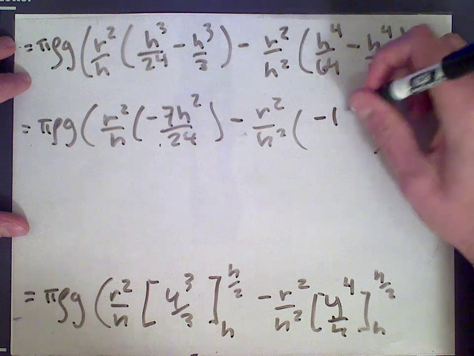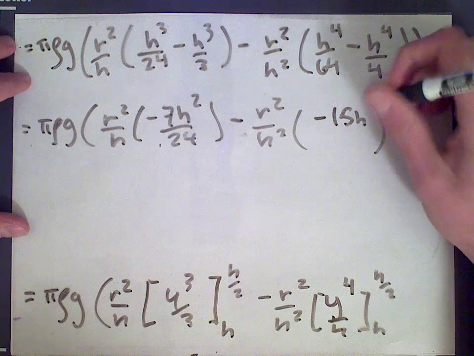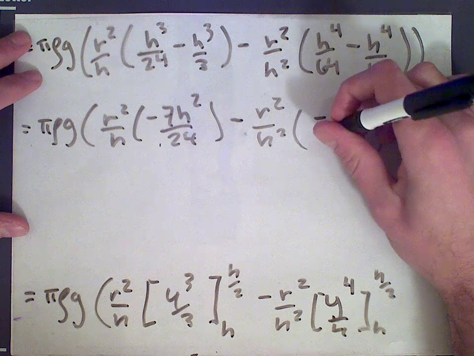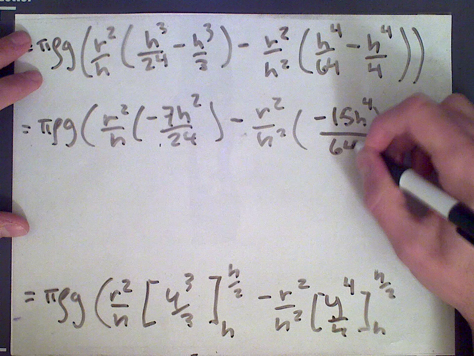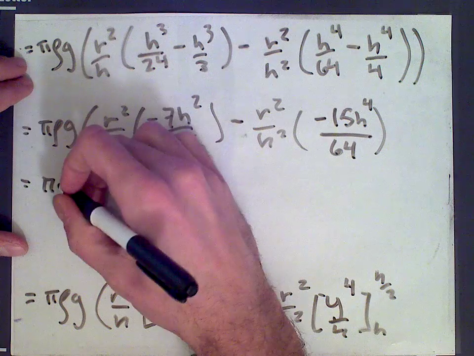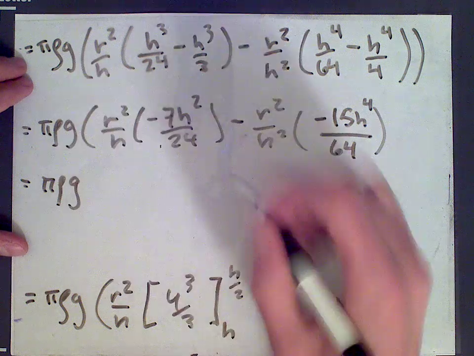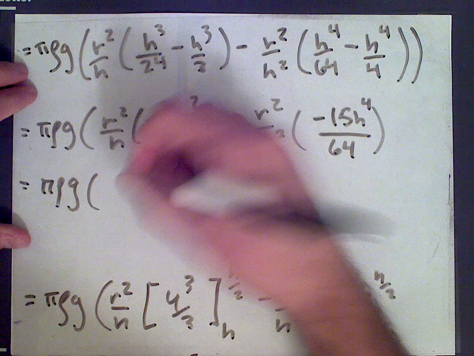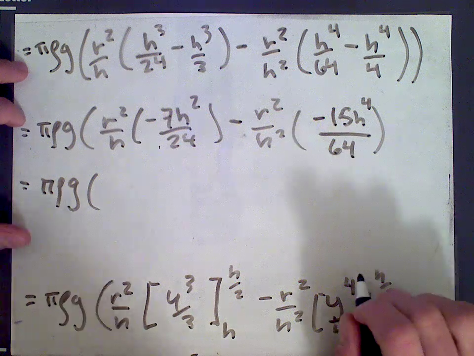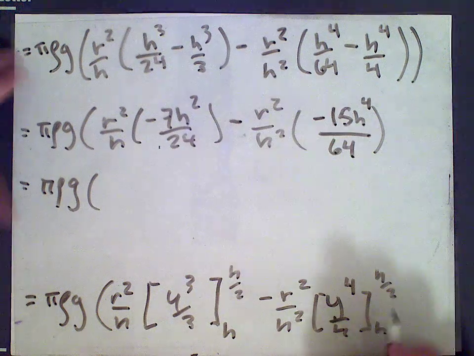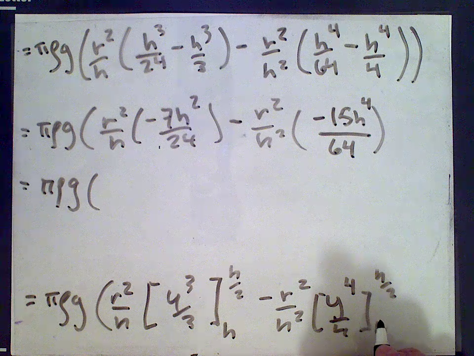This is minus 15 h to the power 4 over 64. And then canceling factors, we get rho g times negative 7h squared. Careful.